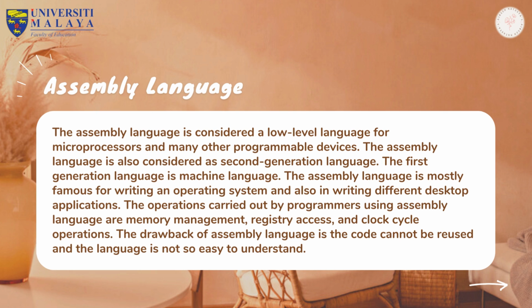The operations carried out by programmers using assembly language are memory management, registry access, and clock cycle operations. The drawback of assembly language is the code cannot be reused and the language is not so easy to understand.